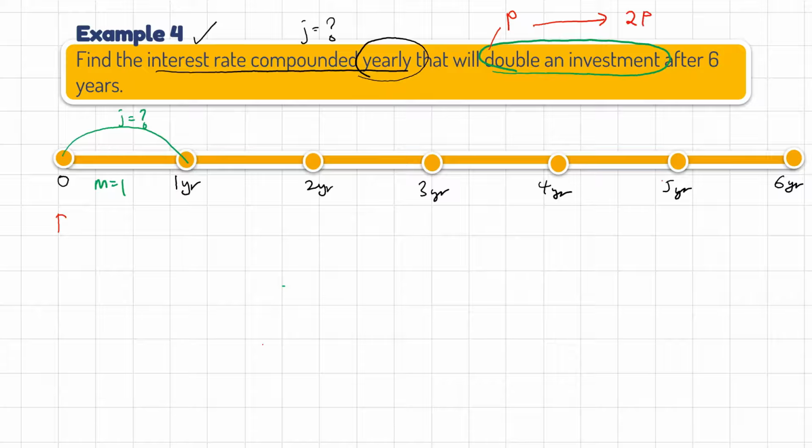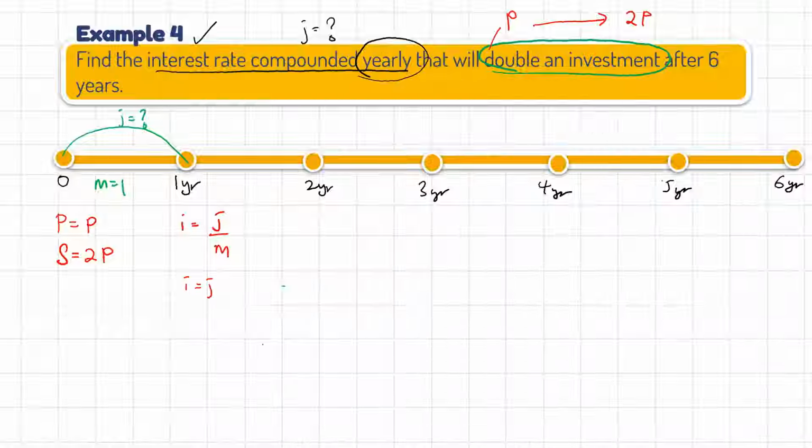Then we can rewrite the information where P is equals to P itself, S is equals to 2P, I is equals to J over M, and it will be I will be equals to J only since our M is equals to 1. And the next one is N will be equals to T times M. So it will become 6 times 1.